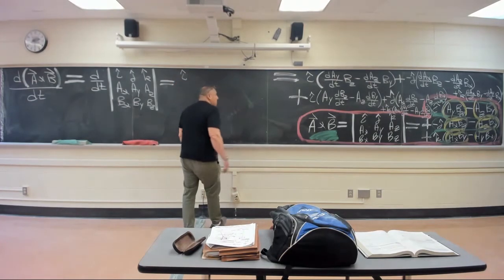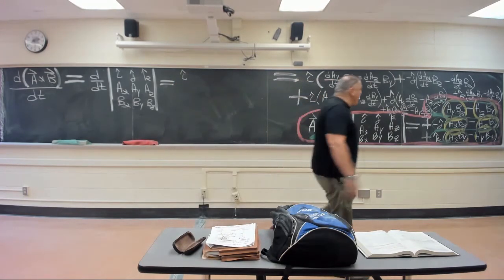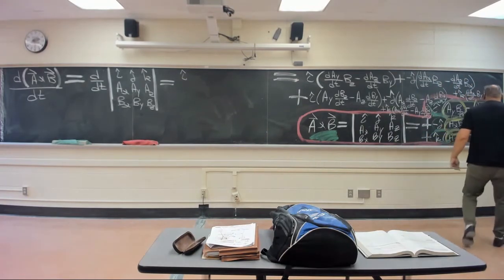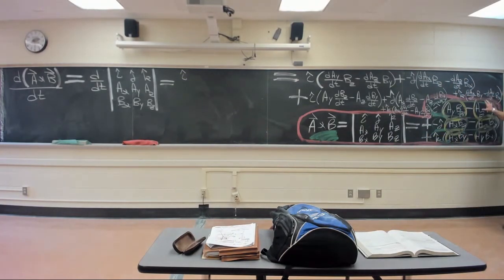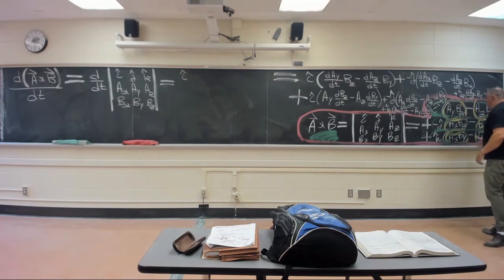Theoretically I want to write this smaller, but there's no point if people can't see what I'm writing. I want you to look at this right here. Do the product rule right here. For AYBZ, do it for AZBY, do it for AXBZ, do it for AZBX, do it for AXBY, do it for AYBX. You get the picture. You're going to do this 6 times: 2 different places for the i hat, 2 different places for the j hat, 2 different places for the k hat.